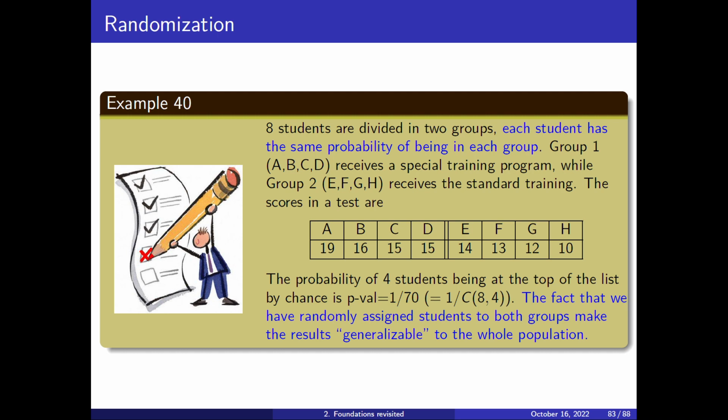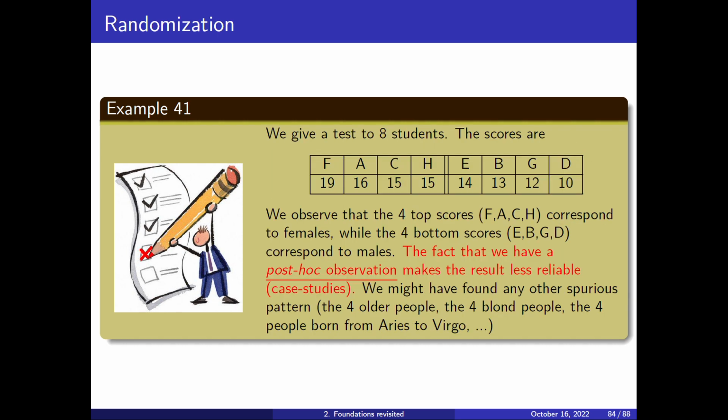You may calculate this p-value. It is 1 over 70, and this is smaller than 0.05, and then you would reject the null hypothesis that both groups perform equally. So because you randomized the students at the beginning, these results can be generalized to the whole population.